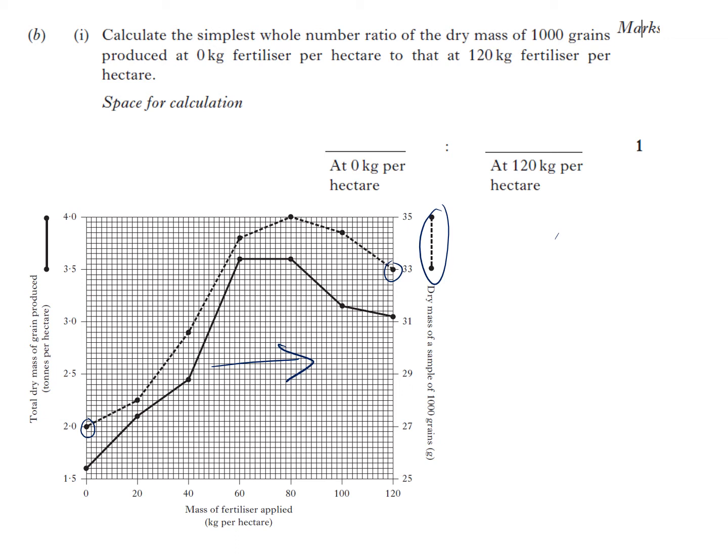So we have bang on the line there, so 27 going up to, I think that's bang on the line, let me just, yeah, must be because it's that one, and going up to 33, so 27 to 33. Let's cancel that down, so we're just going to divide them both by 3, so 9 to 11.